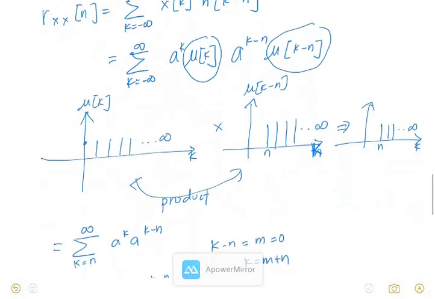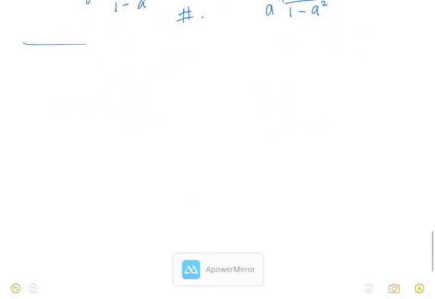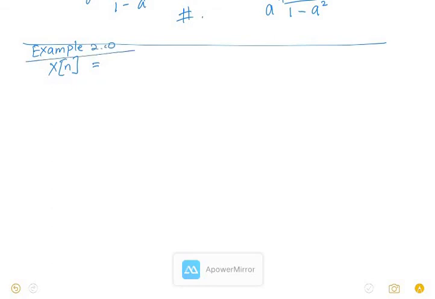Now I will share with you another one, the cross correlation. This is a new example. Let x[n] equal 0.5^n u[n], and h[n] equal 0.4^n u[n].